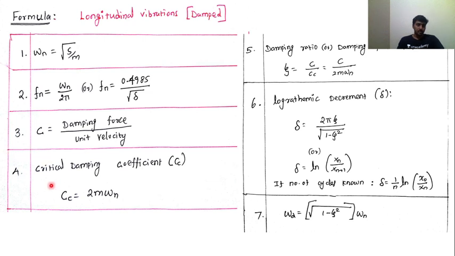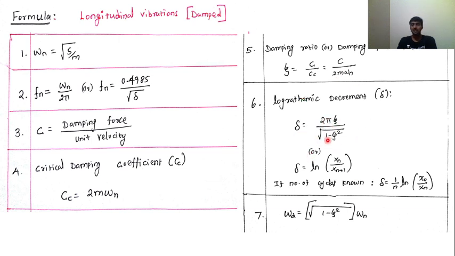Fourth one, critical damping coefficient Cc. Cc is equal to 2m omega n. Then next one, fifth one, damping ratio or damping factor. That is the ratio of the actual damping coefficient to the critical damping coefficient Cc. So zeta is C divided by 2m omega n. The logarithmic decrement, we know these are the three formulas.